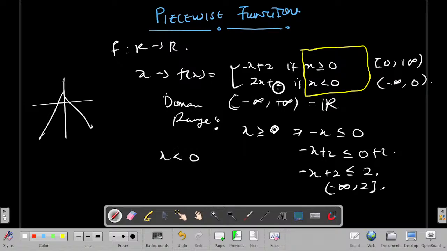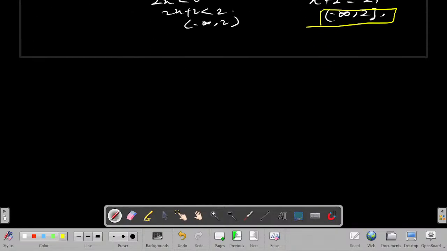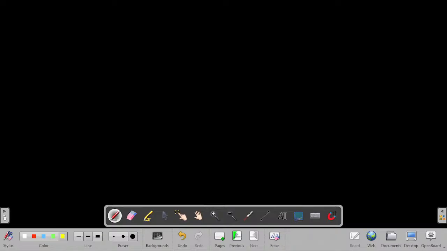How do I modify to get 2x plus 2? I'll first multiply through by 2. 2x is less than 0. I'll add 2 to both sides. 2x plus 2 is less than 2. So here you can see that it's the same thing starting from negative infinity and open. But since the first is closed, we take the bigger one. Therefore, the range is simply negative infinity to 2, closed at 2. And that is all for piecewise function.